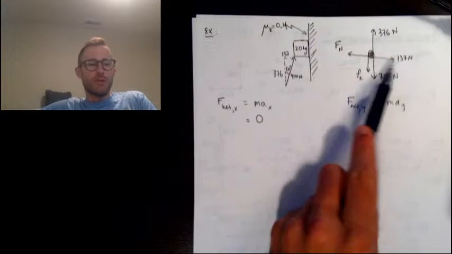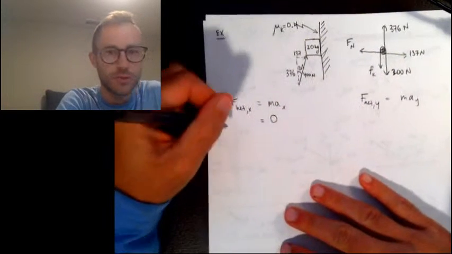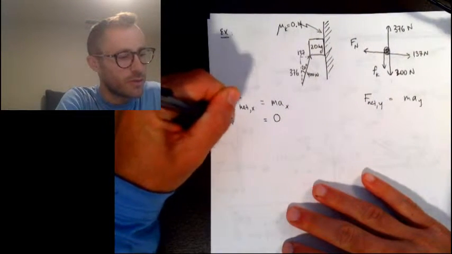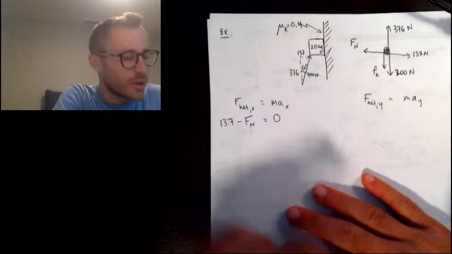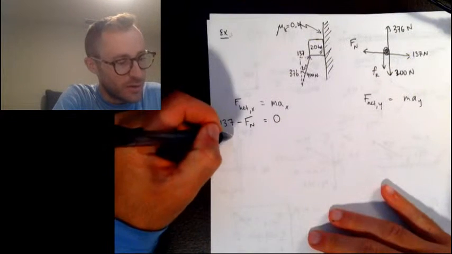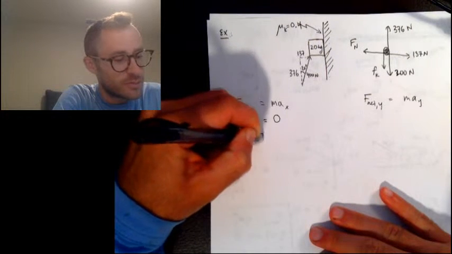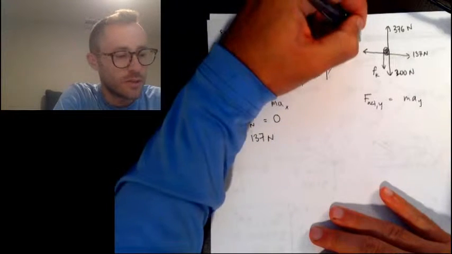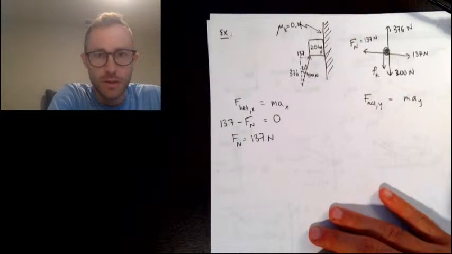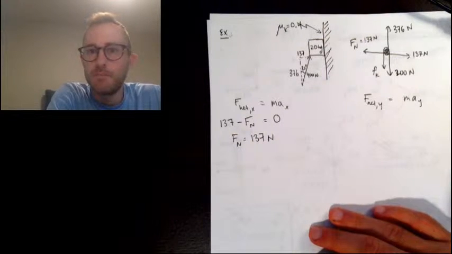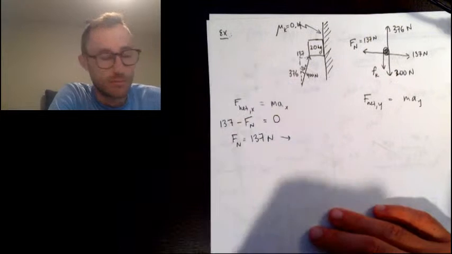So the rightward force is 137 newtons, and the leftward force is the normal force. So my net force in the x direction is 137 minus F sub n. So that tells me that the normal force is equal to 137 newtons. Once you know the normal force, you can then calculate friction.